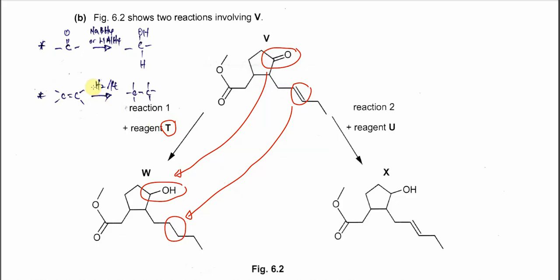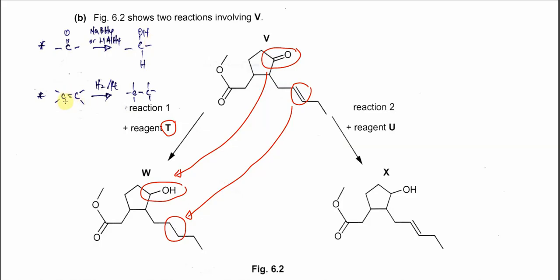In your syllabus, you need to know the reductions for this carbonyl and the CC double bond, and it actually uses 2 different reagents. For the carbonyl, we normally use sodium borohydride or lithium aluminum hydride, so it will reduce to this alcohol.